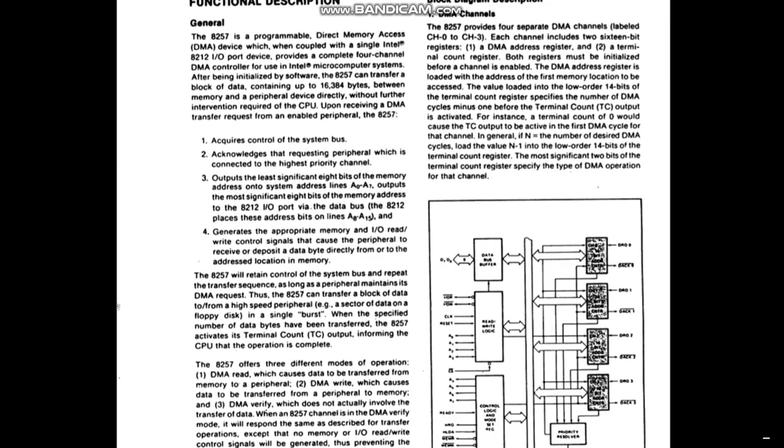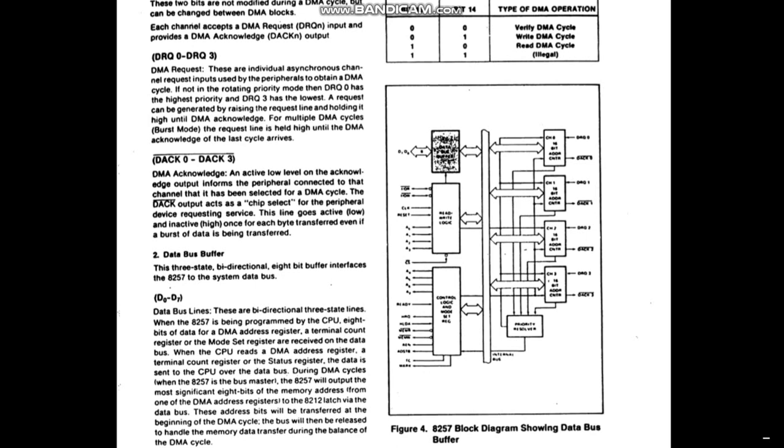So these are the one by one explanations of the blocks. In the DMA channels, there are 4 channels, meaning 4 input output devices can transfer data at the same time. DRQ0 to DRQ3 are the data requests, sent by the input output devices to the DMA controller, and DACK is the acknowledgement sent by the DMA controller to the input output devices.